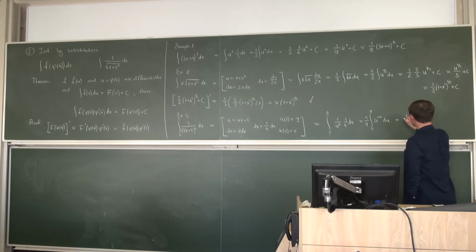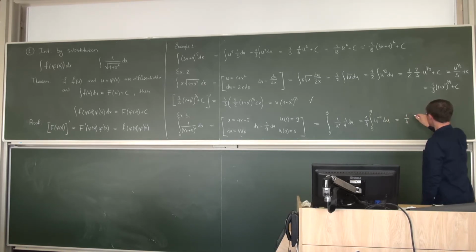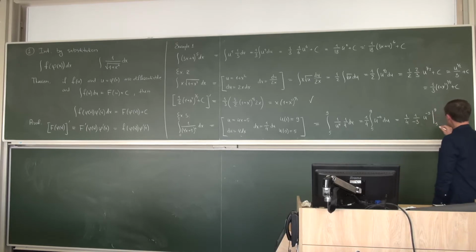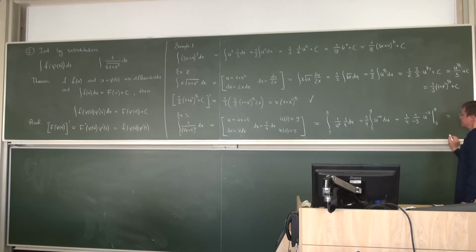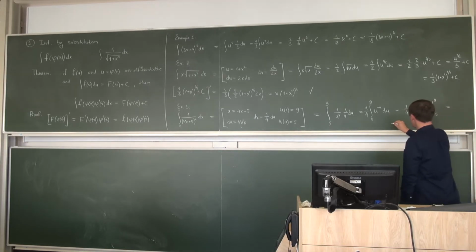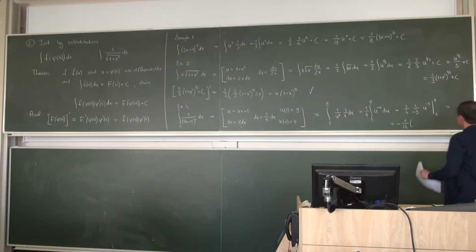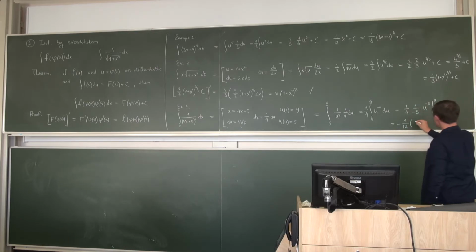So that is a quarter, 1 over minus 3, and then that's u to the minus 3 from 5 to 9, and that is minus 1 over 12, and then 9 to the minus 3 minus 5 to the minus 3.